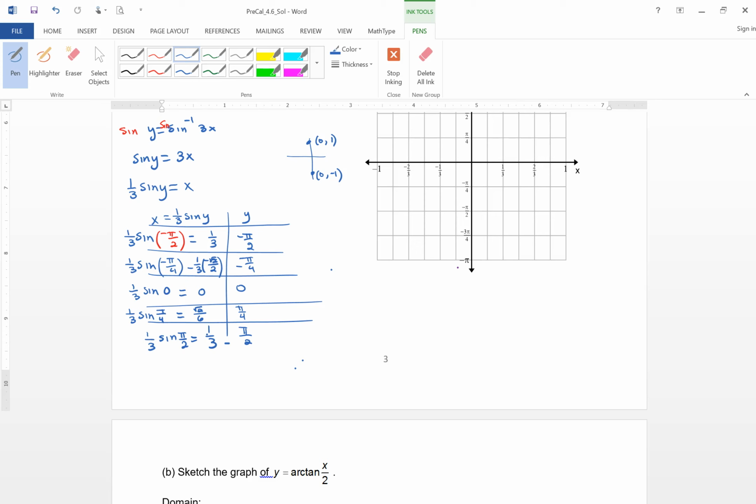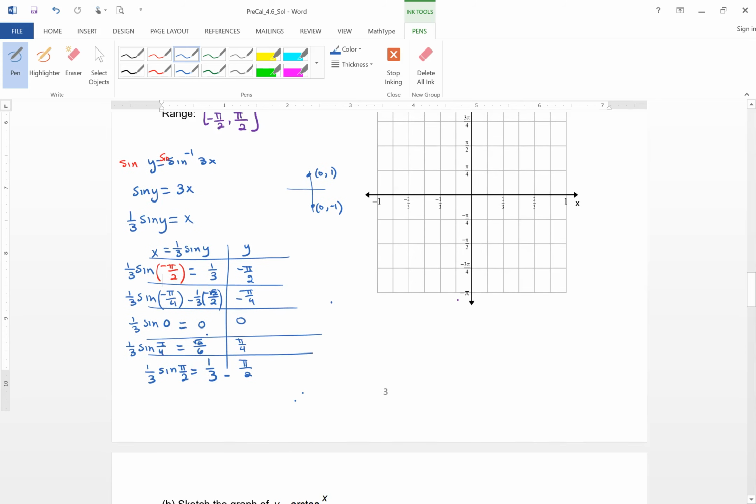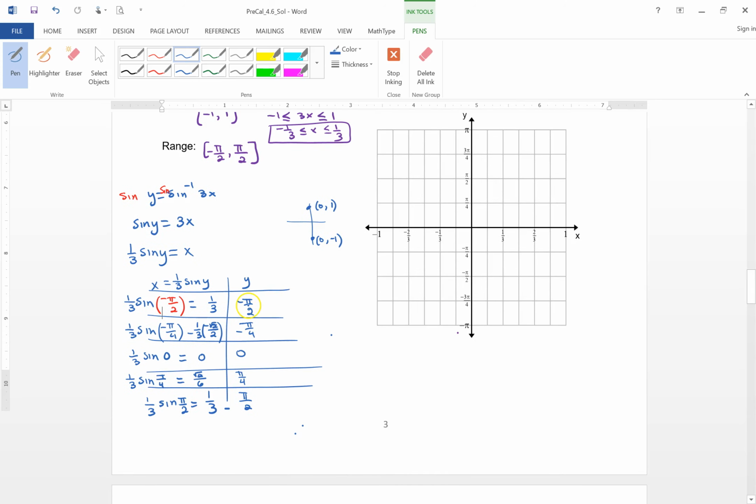Okay? So now, when x is 1 over 3, y is, what? Negative pi over 2. Is it? That's what I'm looking at.